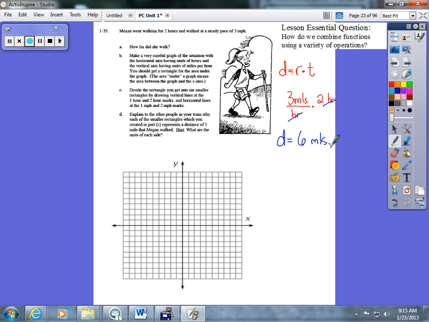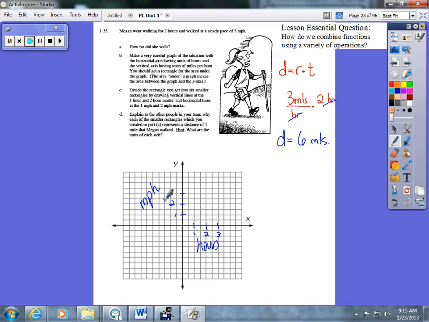Make a very careful graph of the situation where the horizontal axis is hours and the y-axis is the rate, miles per hour. Because her rate doesn't change, I'll go ahead and label your axis. Doesn't matter to me how you do it. So let's say 1, 2, 3 hours, and 1, 2, 3 miles per hour.